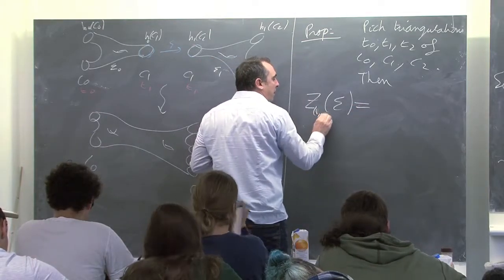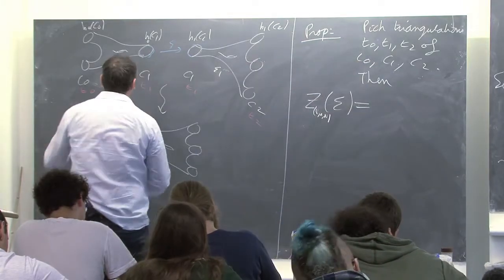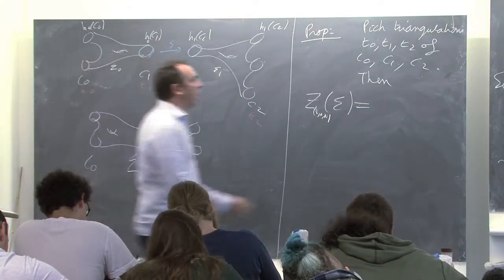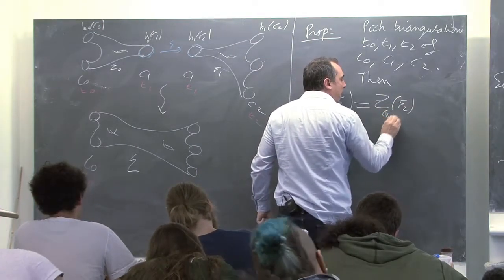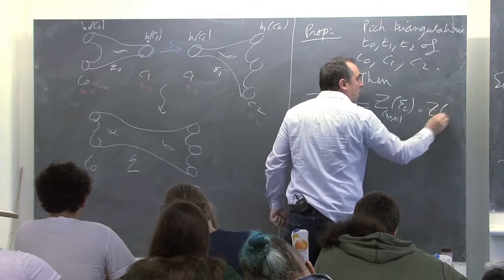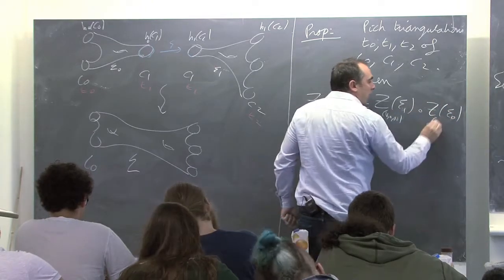The linear map associated to the cobordism sigma is the composite of the linear maps associated to sigma 0 and sigma 1.